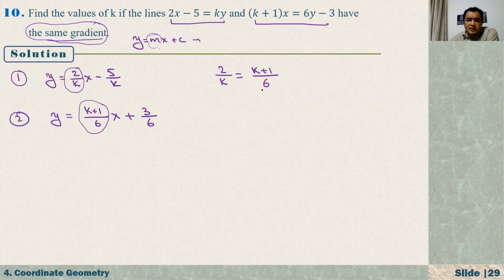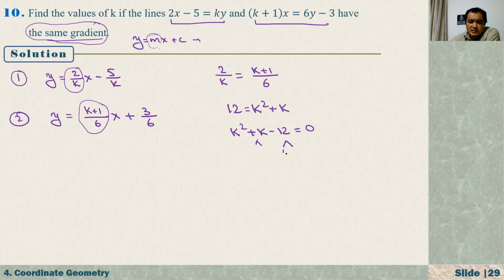If you solve this, we will get a quadratic equation. Cross multiply: 2 times 6 is 12, and k times (k plus 1) is k squared plus k. Or take 12 to the right-hand side: k squared plus k minus 12 is equal to 0. First, we try to solve this by factorization. The coefficient of k squared is 1, so can we find two numbers whose product is negative 12 and whose sum is the coefficient of k, which is 1?